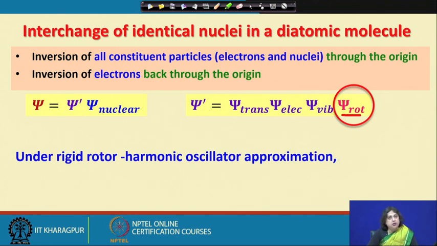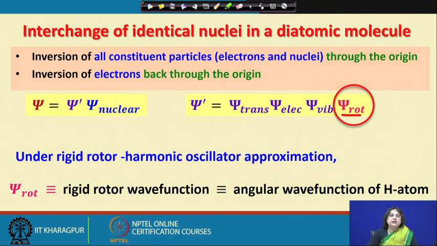Now, under the rigid rotor harmonic oscillator approximation, I understand that psi rot is nothing but the rigid rotor wave function, and this has the same property as the angular part of the wave function for hydrogen atoms.